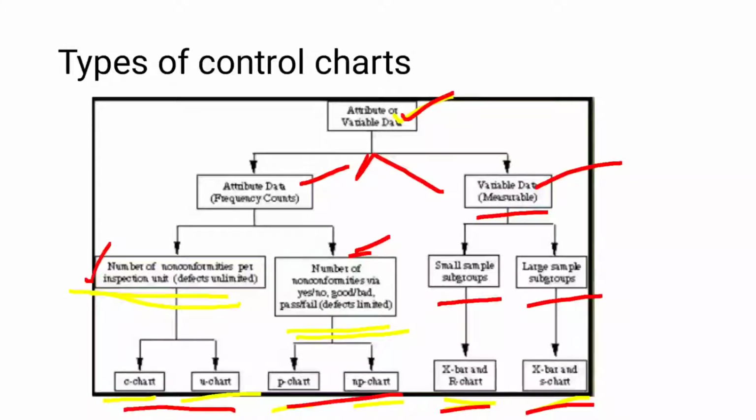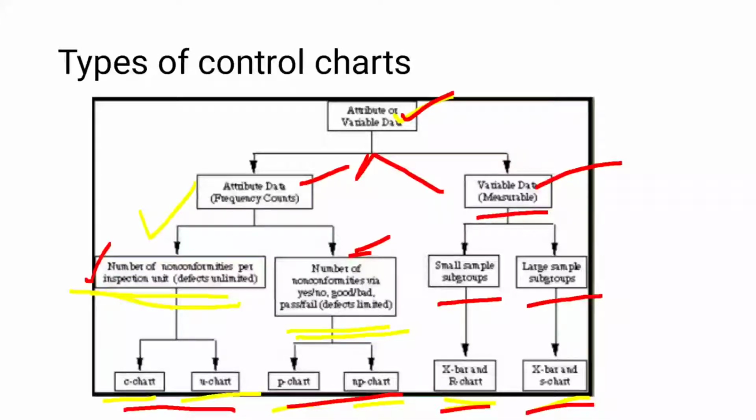Now how to remember it? For attribute data: CUP NP. Keep it in mind, attribute equals CUP NP. Variable: X bar is common in both, but R and S differ, so variable equals X bar R S.